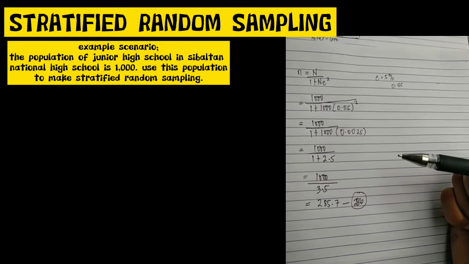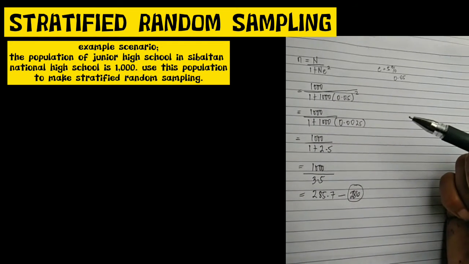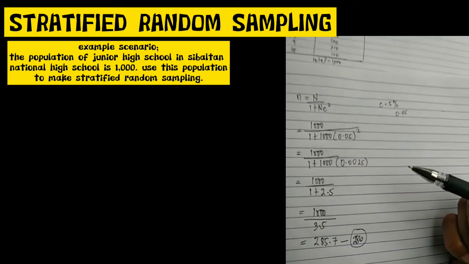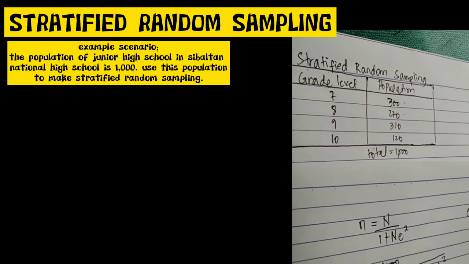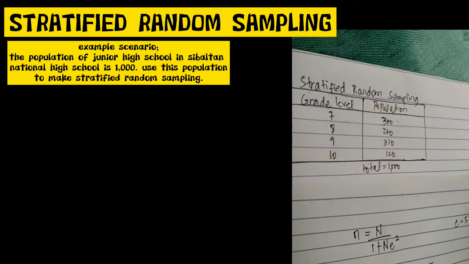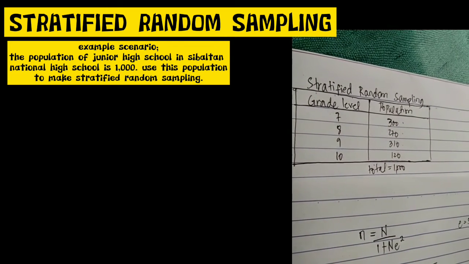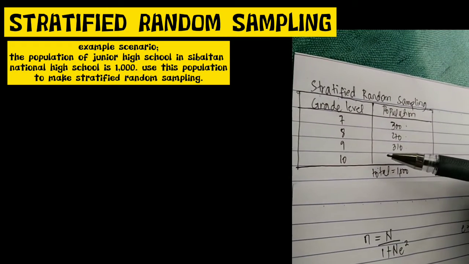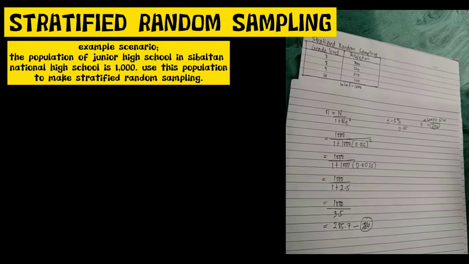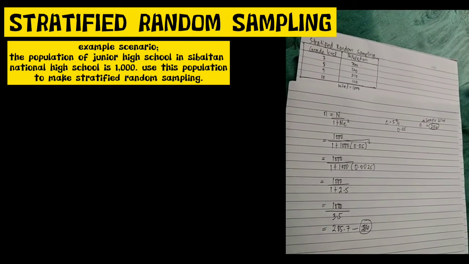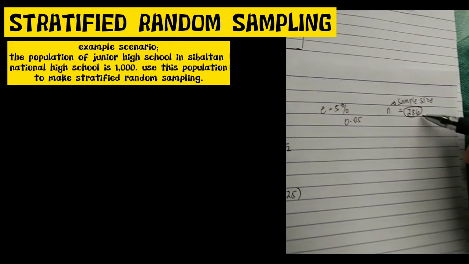Pero paano natin malalaman yun sa buong population? Meron na tayong per grade level. So, ang ating next step naman is to get the sample from each grade level, which is, ito ang process naman. Sa problem na ito, ang sample size ko is 286.